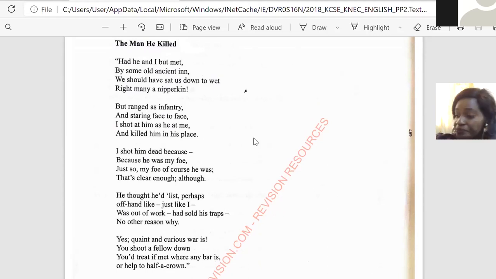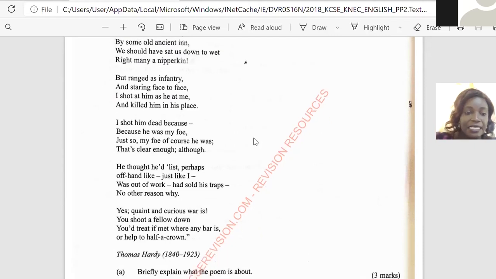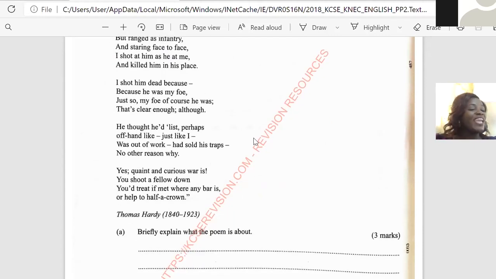And another one is quaint. Yes, quaint and curious. War is that quaint. So the main purpose of this is to show the setting or the period in time. And it is also meant to bring out the register that the persona is using.